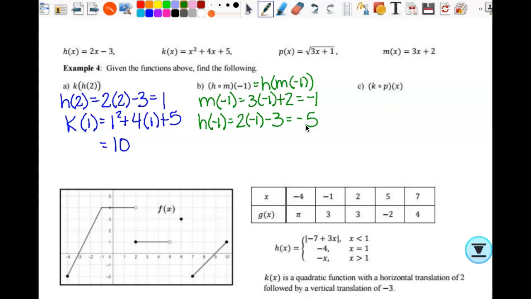Any questions on B? Okay. Then on C, rewrite it, and then find it.